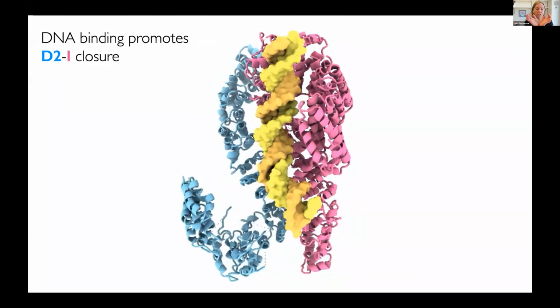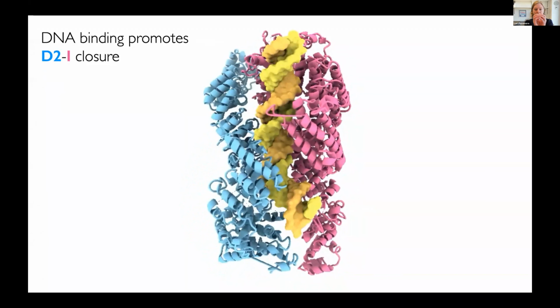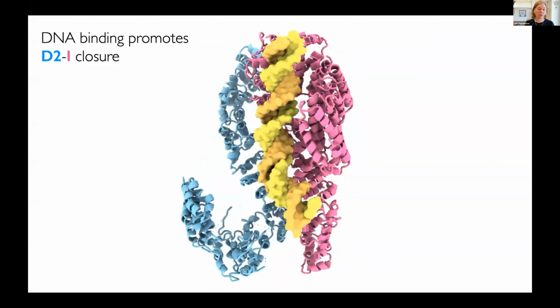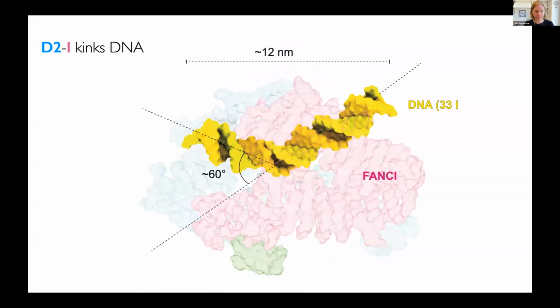This is largely a rigid body movement of both subunits, but the N and C termini are also remodeled. If we look more closely at the DNA, you can see there's a pronounced kink of about 60 degrees in the double-stranded helix within the complex. We don't understand exactly what this means, but it may be involved in recognition of the crosslink, or it may prepare the cross-linked DNA for repair.